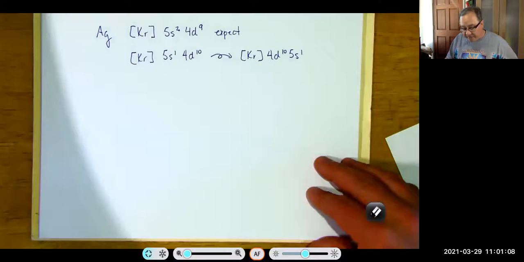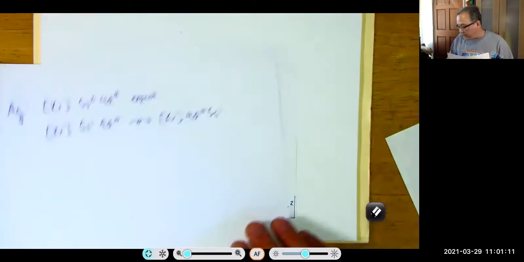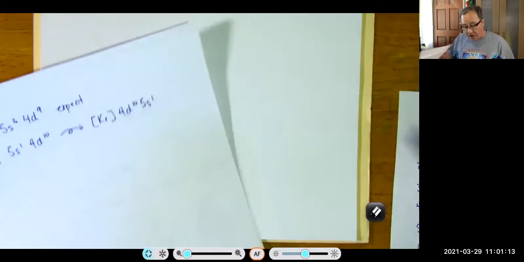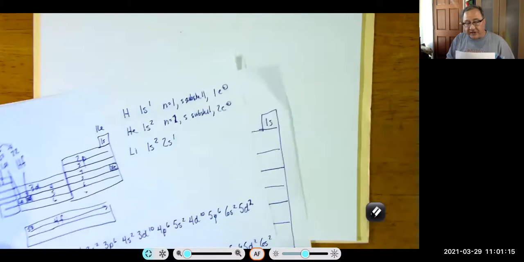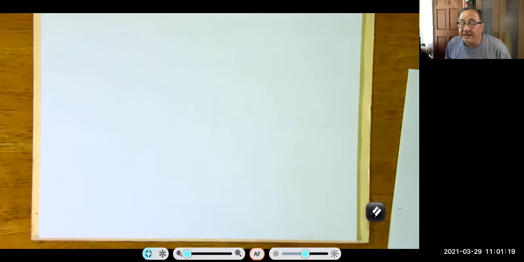So the SPDF model of predicting electron configurations does not work for all elements. But you can see for copper, even though it didn't work for it, 27 out of 29 electrons were correctly assigned, right?